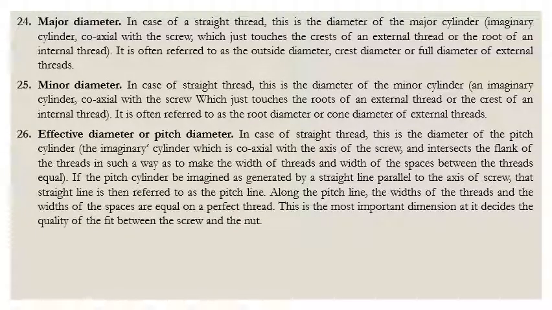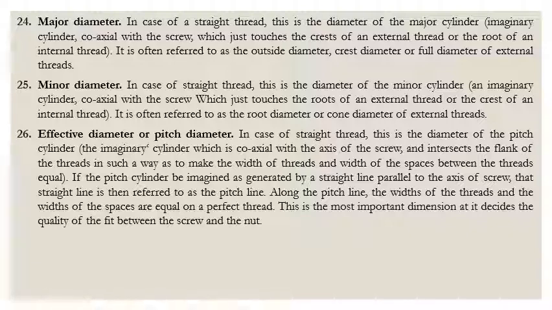Effective diameter. It is the third important diameter of a given screw thread. In case of straight thread, this is the diameter of the pitch cylinder or the imaginary cylinder, which is coaxial with the axis of the screw and intersects the flanks of the threads in such a way as to make the width of the threads and the width of the spaces between the threads equal.